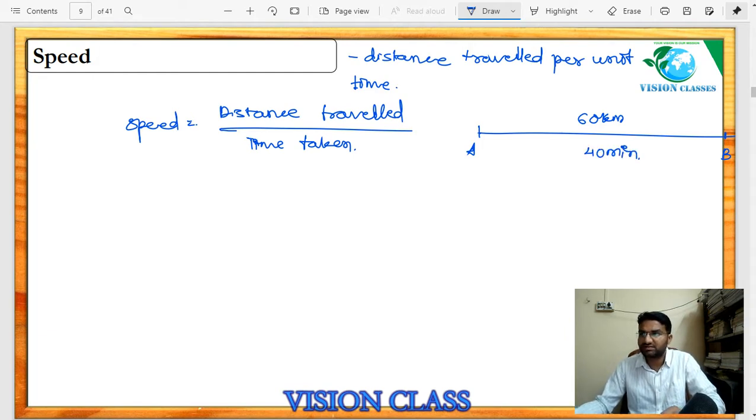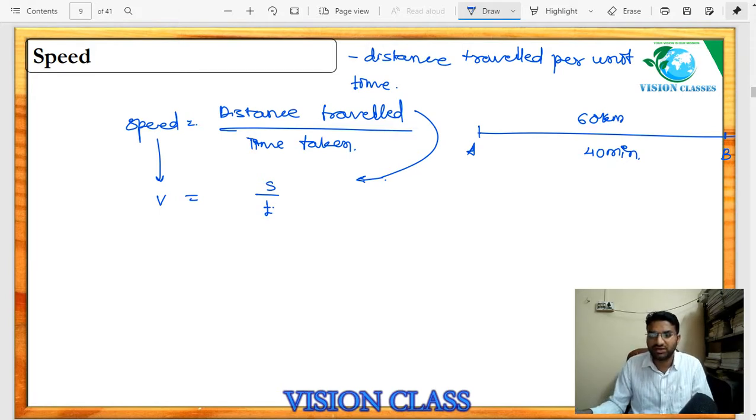It means distance traveled is 60 kilometers and time taken is 40 minutes. So if you use speed as V, distance traveled as S, and time taken as T, then V is equal to S over T.